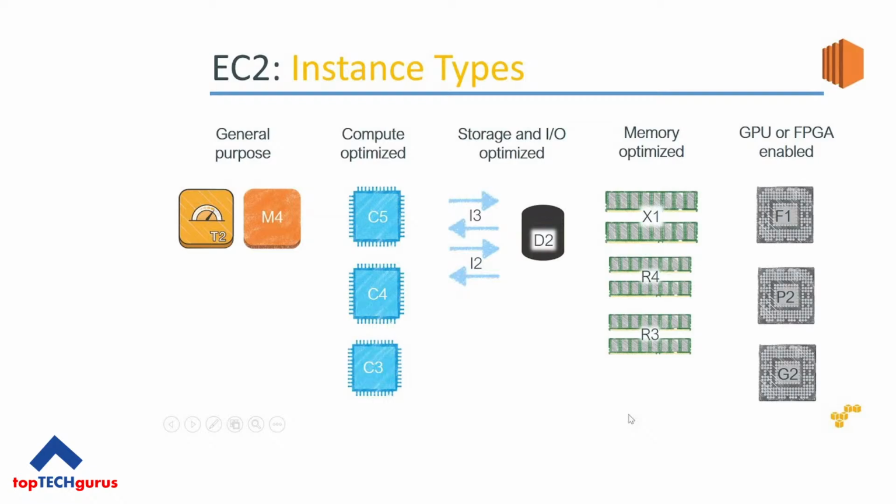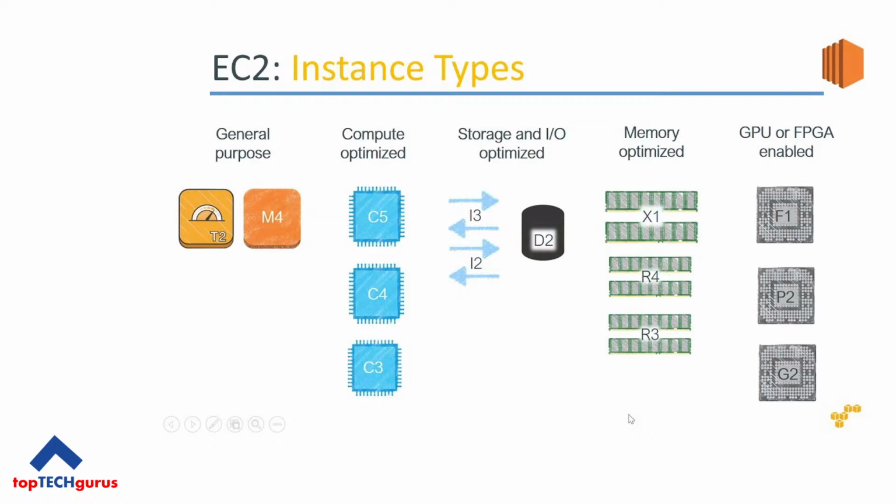They want that information to be retrieved or calculated from memory, so that it's much faster than storing it in a database and then retrieving it and then doing it. So it has a lot more RAM than the general purpose machines or the compute or the storage IO optimized.